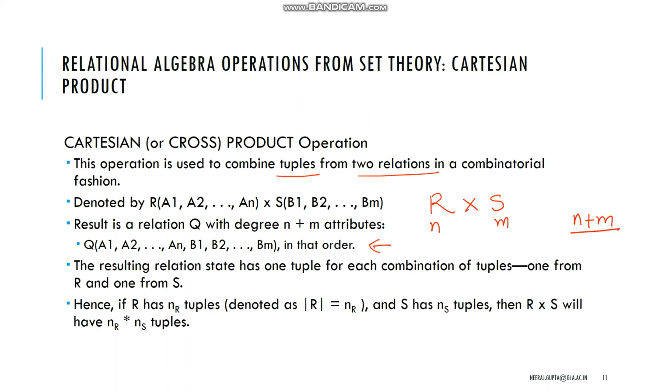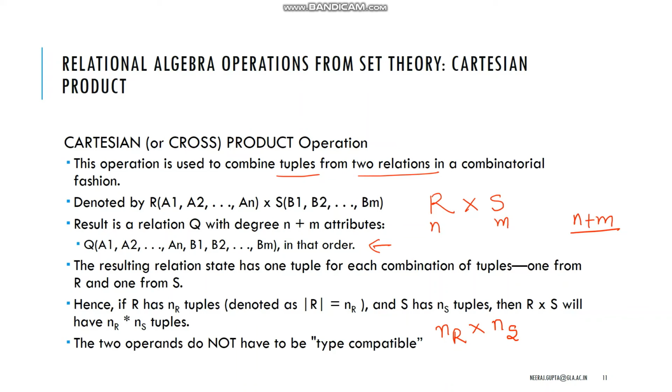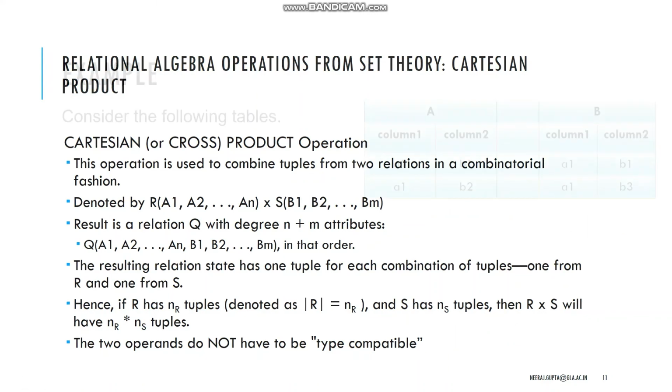The number of tuples in the relation depends on the combination of tuples from R and S, and that will be the number of tuples of R times the number of tuples of S. And the two operands do not have to be type compatible. So Cartesian product does not require type compatibility.